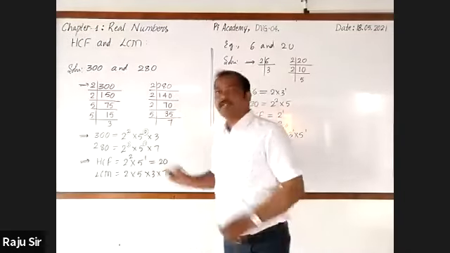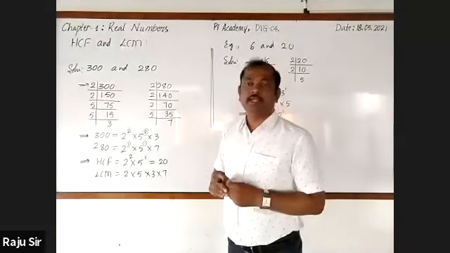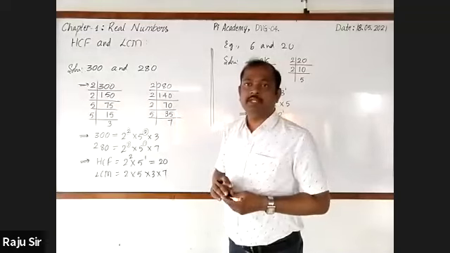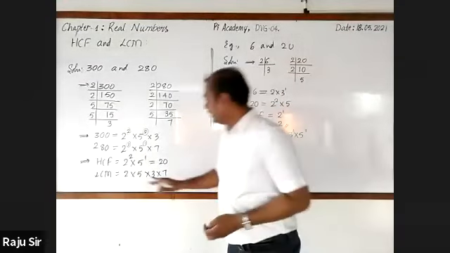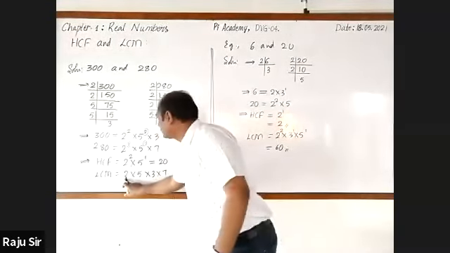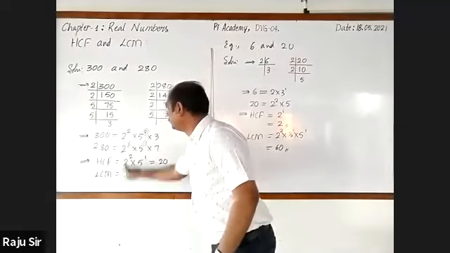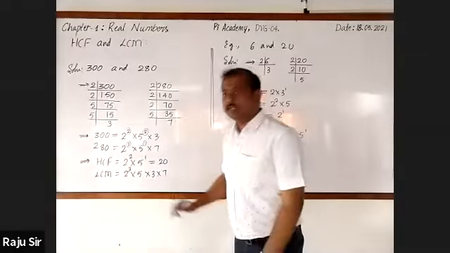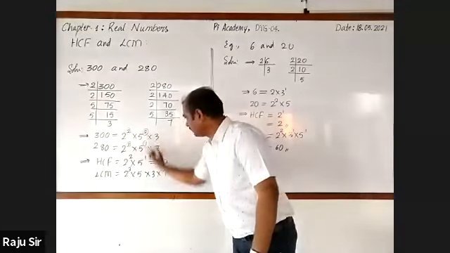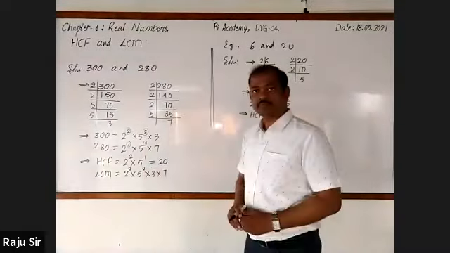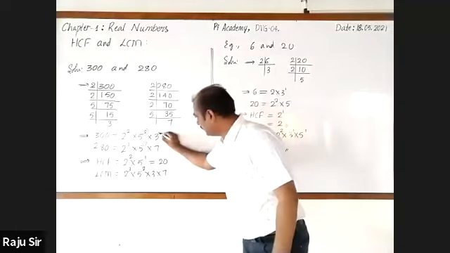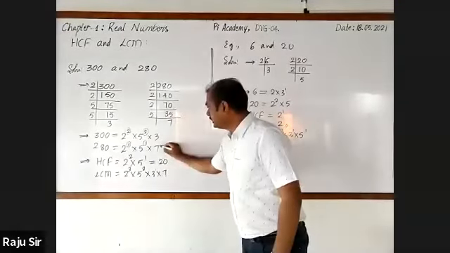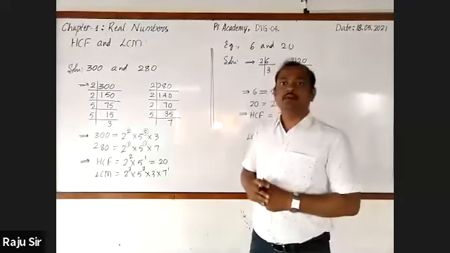But in case of LCM, we will go for taking highest power of each of these factors. What is the highest power of 2? It is 3. Highest power of 5? This is 2. Highest power of 3 is 1. Highest power of 7 is also 1.